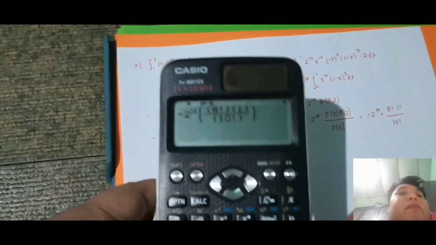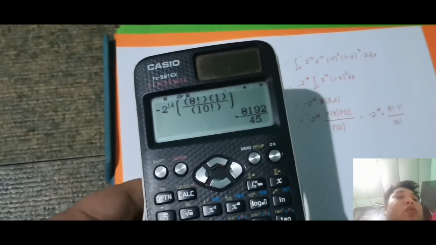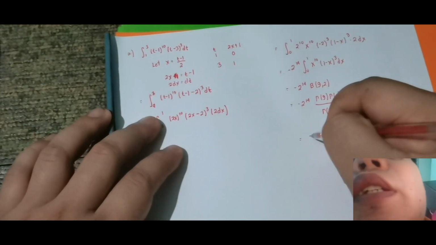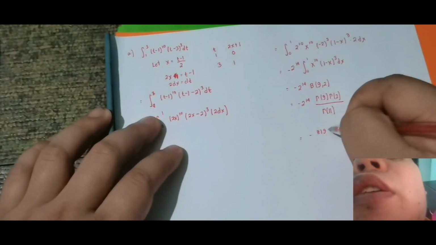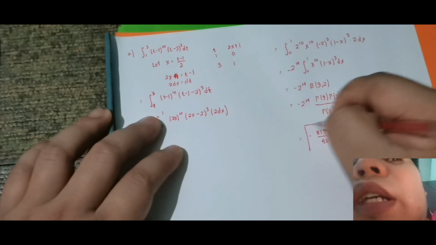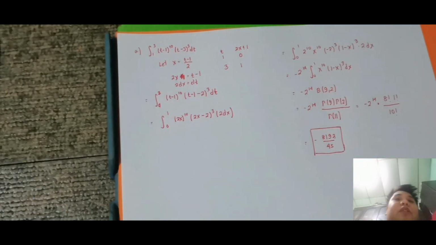Okay, yan. That's simply negative 8192 over 45. So therefore the integral is equal to negative 8192 over 45. So ito yung ating sagot para dun. Okay, so ganun siya kasimple.